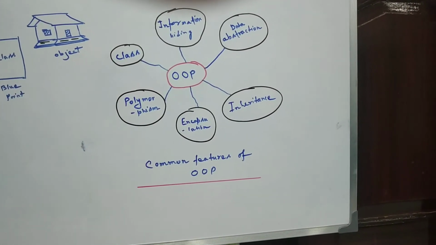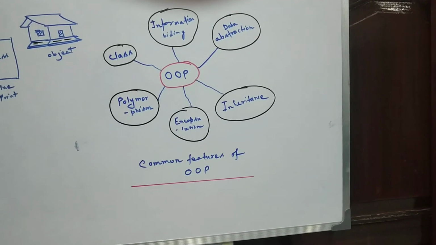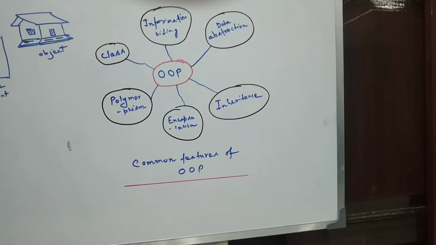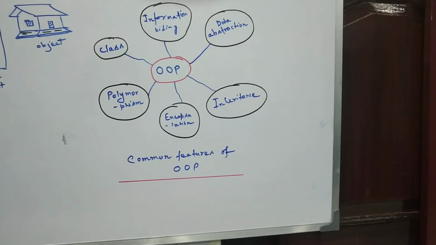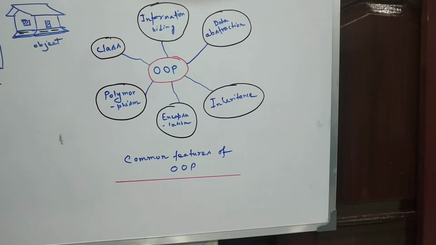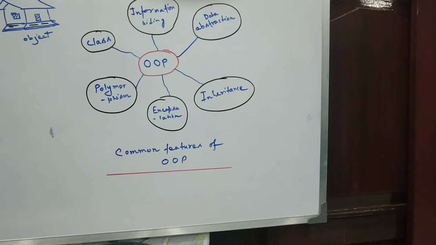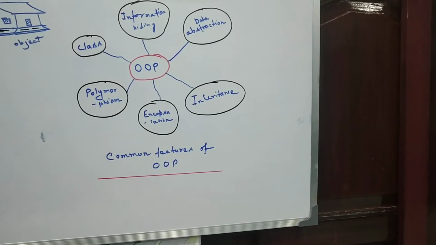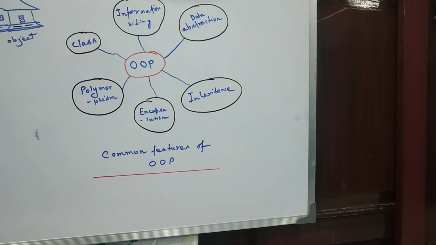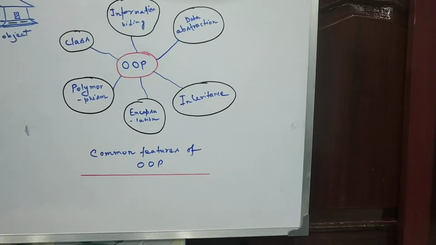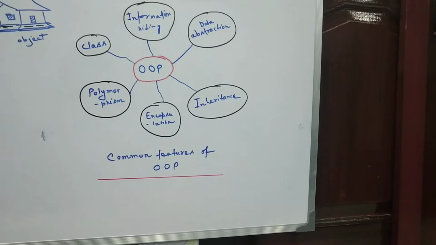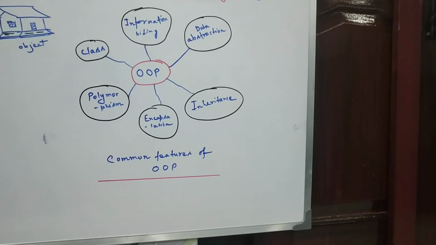So the boy has inherited the habit from his father. That means the boy got that kind of habit through inheritance from his father. Inheritance means receiving something. It may be receiving some characters or some behavior or anything. Receiving something from your ancestor is known as inheritance.